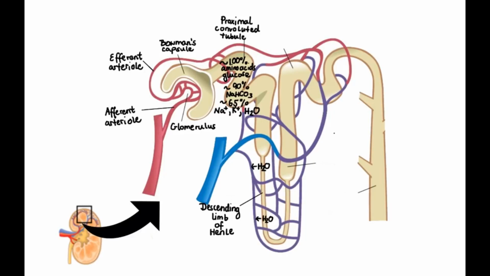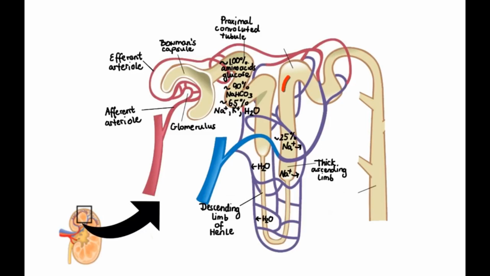On the other hand, the opposite takes place in the ascending limb, particularly in the thick limb, which is permeable to sodium, but impermeable to water. So as the filtrate travels up, about 25% of sodium gets reabsorbed passively, as well as via active reabsorption mediated by the sodium-potassium 2-chloride cotransporter.